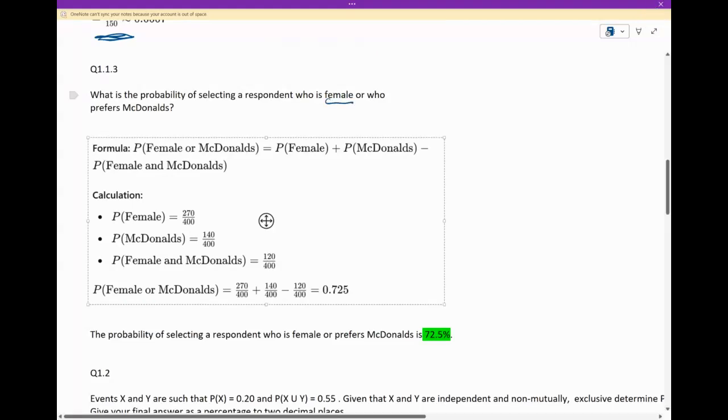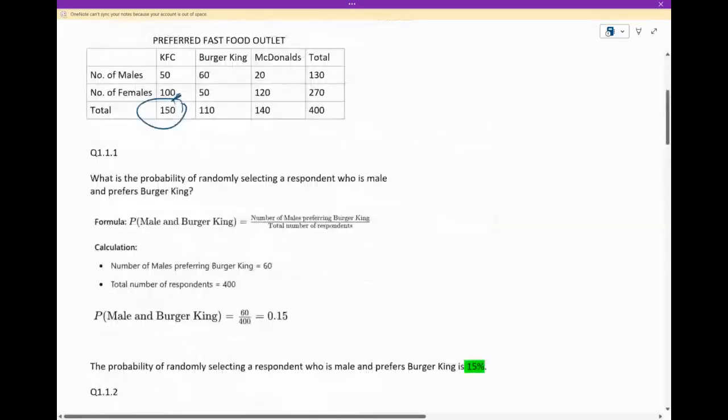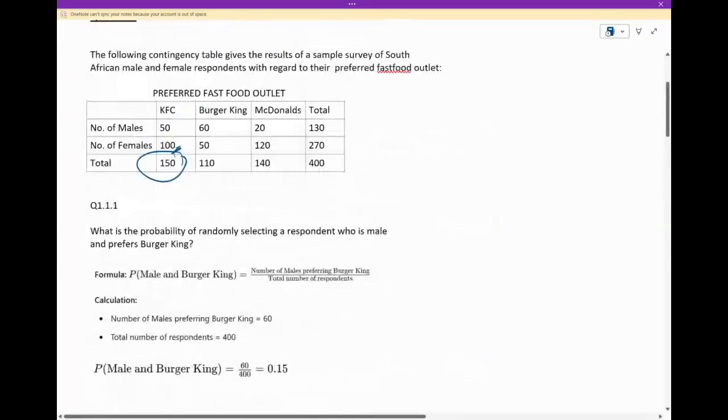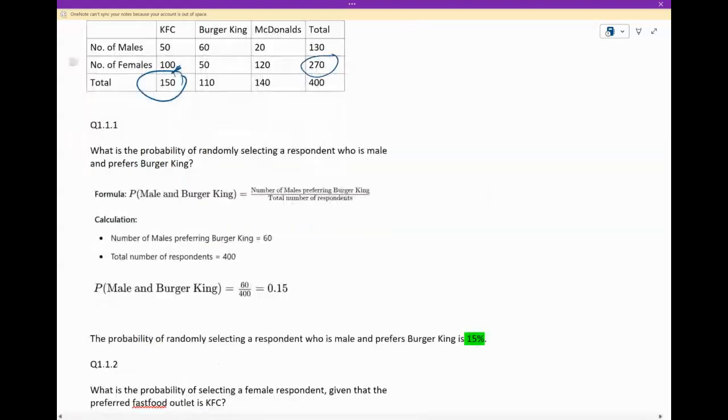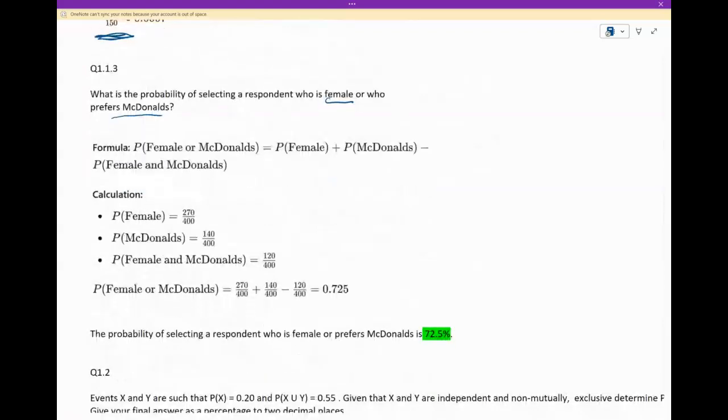Remember, we're looking for female or who prefers McDonald's. Again, we are looking at the probability of female respondents. The total females is 270, isn't it?